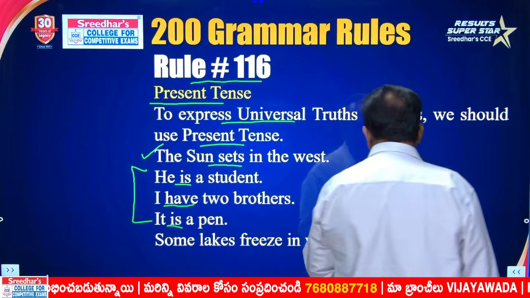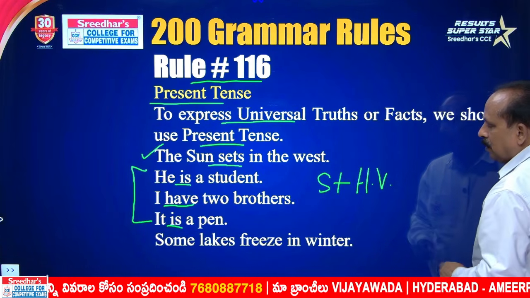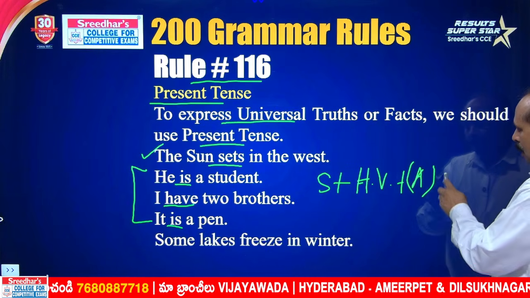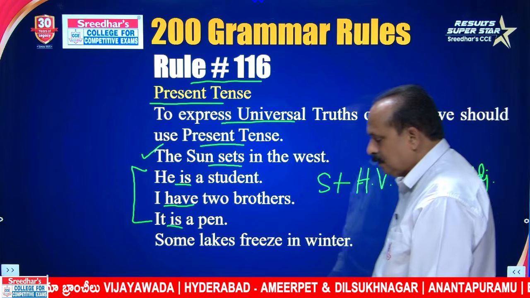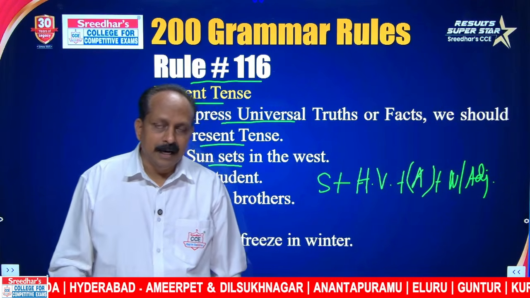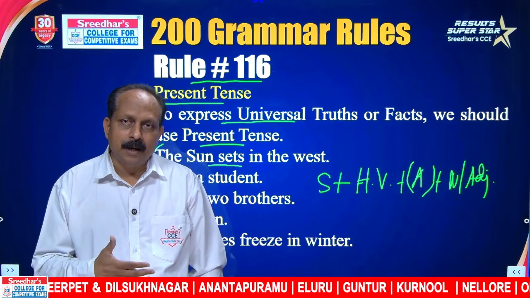Here we have another pattern. What is that pattern? Subject plus helping verb. Don't consider the article. I'll write it and put it in brackets. Plus noun or adjective. This is another pattern. In English, if you take present tense and past tense, any tense has one main sentence pattern, but English has exceptions.